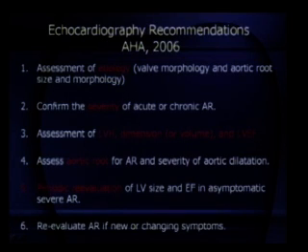Point 2, confirm the severity of acute or chronic aortic regurgitation. Number 3, assessment of left ventricular hypertrophy, dimensions or volume and LV ejection fraction. Assessment of aortic root for AR and severity of aortic dilatation.